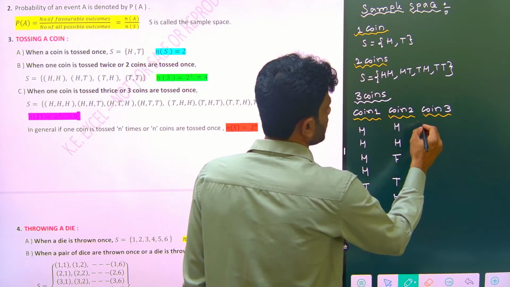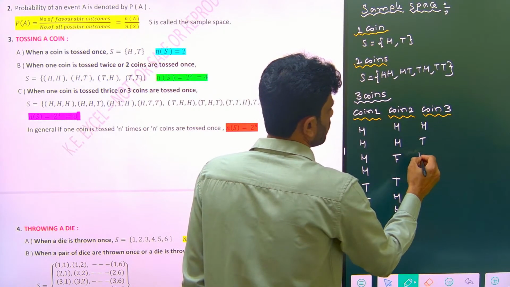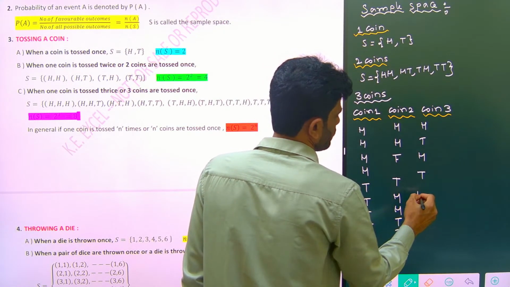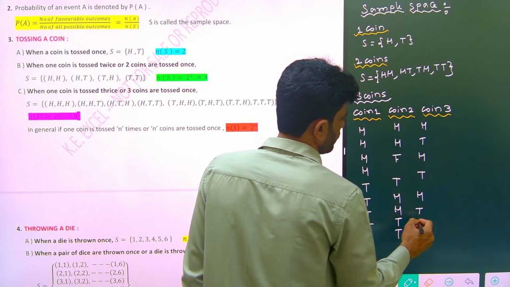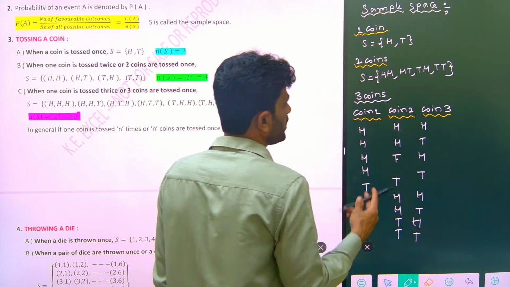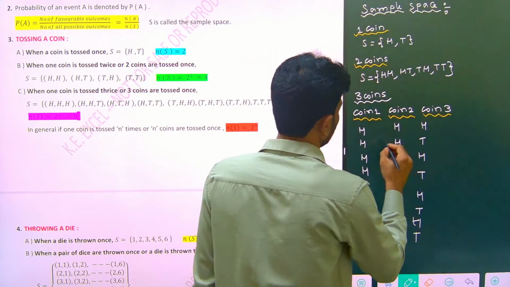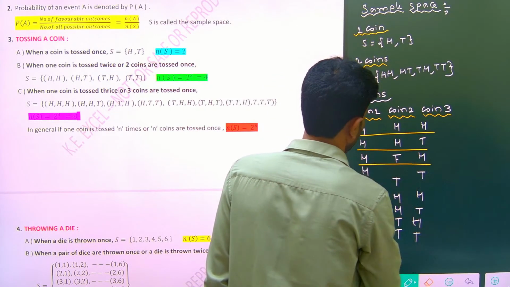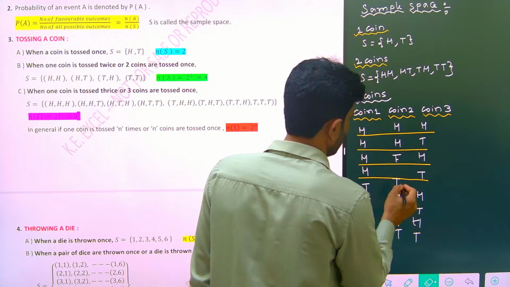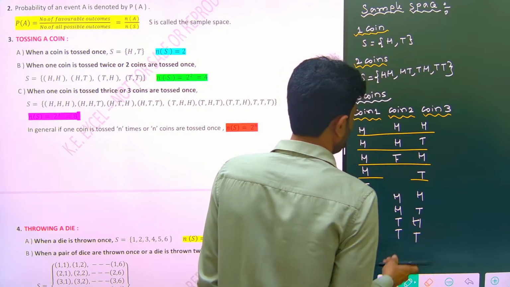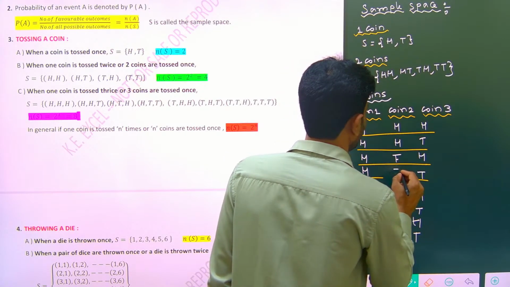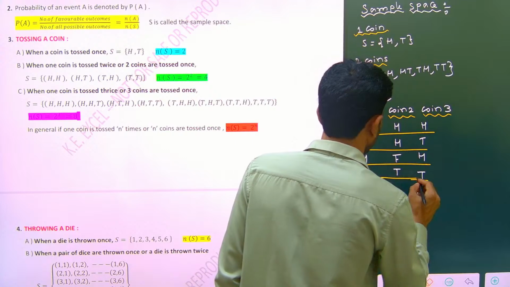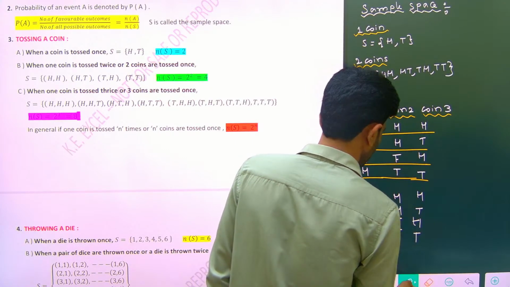And the third coin, 1 and 1 alternating.